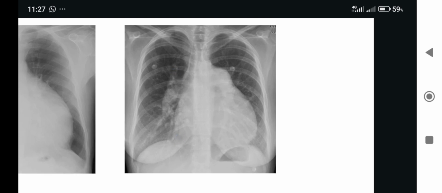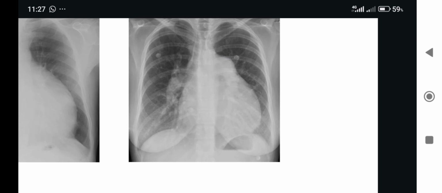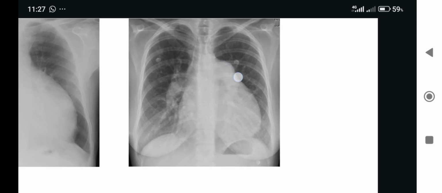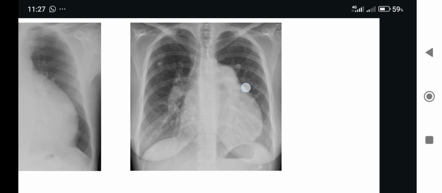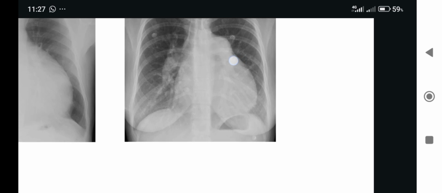But you look at this cardiomegaly, a case of heart failure. This is a case of right ventricular enlargement. You can see the convexity on this side. If you remember the last lecture we did, I talked about this convexity bulging out here.